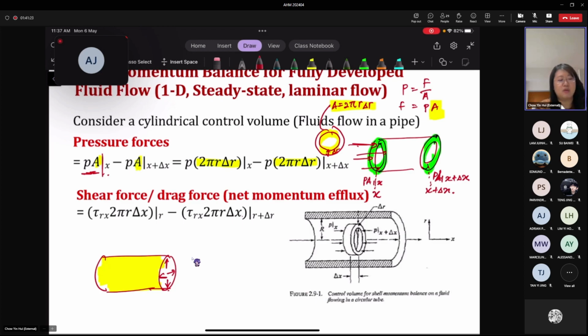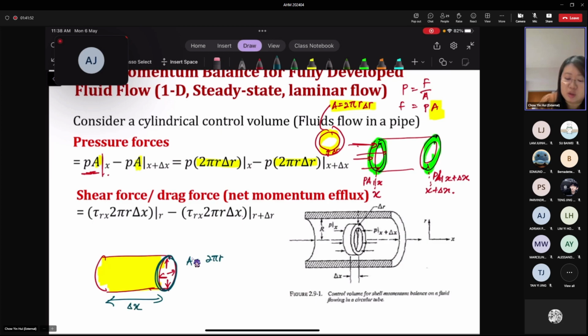If you look at the video that I'm showing you now, let's say this is the cylinder, this body here. The shear force acts on this cross-sectional area, while the pressure force acts on this ring. So the area is the circumference, which is 2 pi r, multiplied by the length of the differential size, which is delta x.